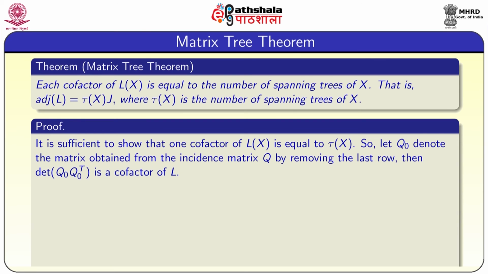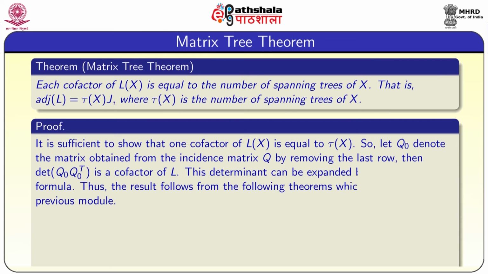So, let Q naught denote the matrix obtained from the incidence matrix Q by removing the last row. Then the determinant of Q naught into Q naught transpose is a cofactor of L. This determinant can be expanded by using the Cauchy-Binet formula.